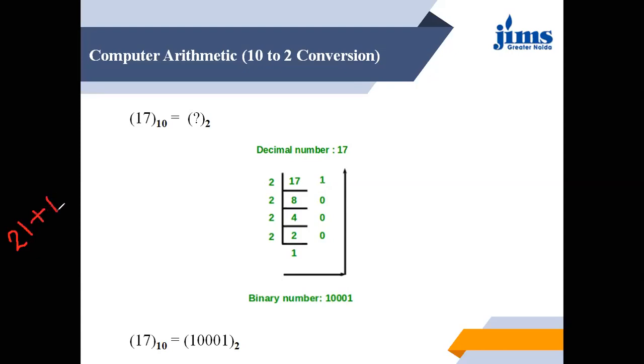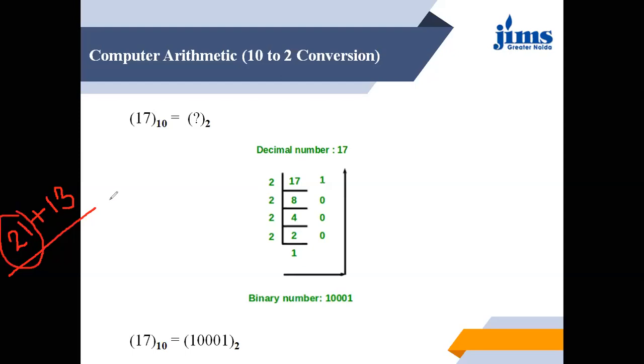It may be given that we have to write an application, a program where two numbers, 21 and 13, have to be added. So for that we should know how to convert these decimal numbers into binary numbers.